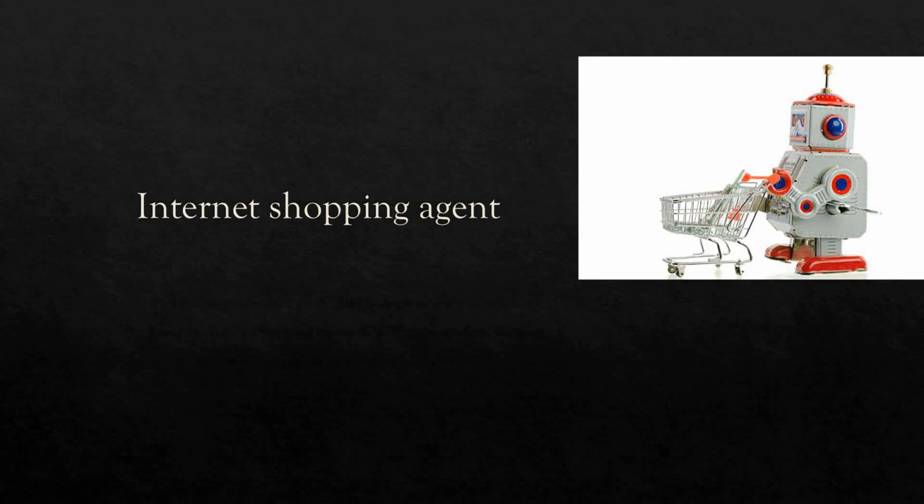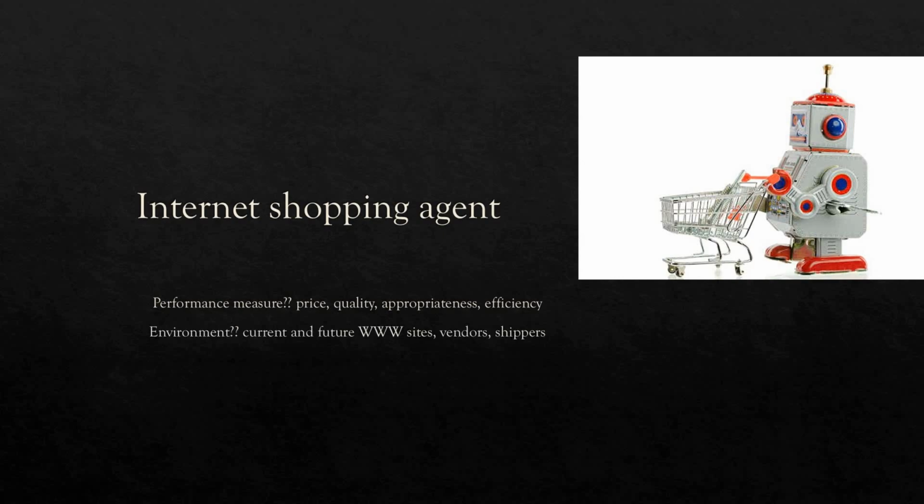So here, how are you going to measure the performance of this agent? To measure the performance, we have price, quality, appropriateness, efficiency. The environment that it's operating in is the current and future websites, the vendors, the shippers. The actuators in this case are the display to users, the URLs, the forms that you are filling.